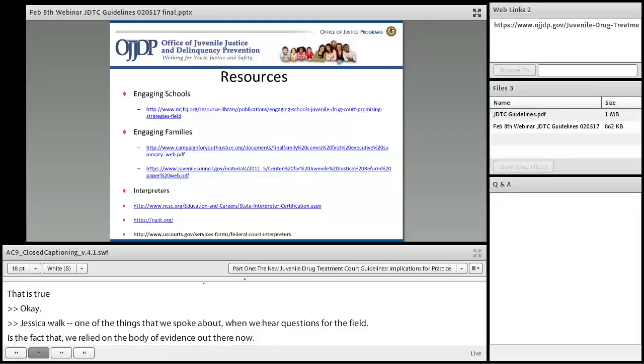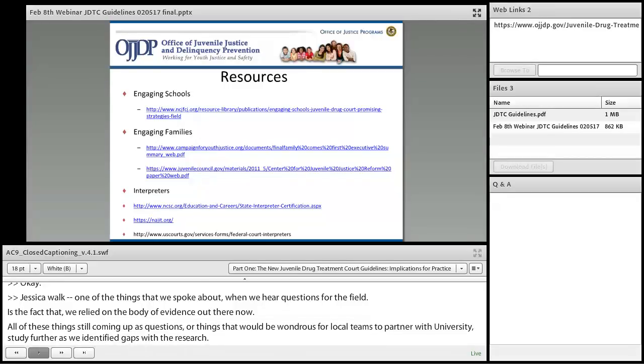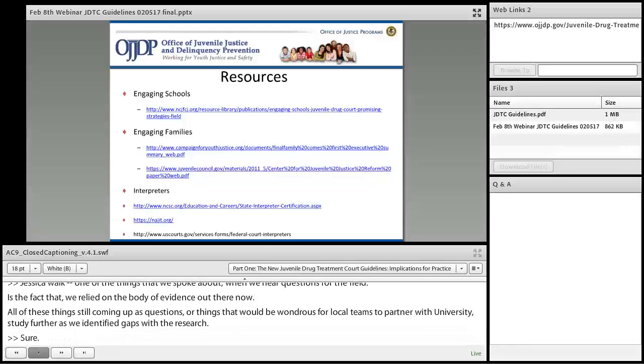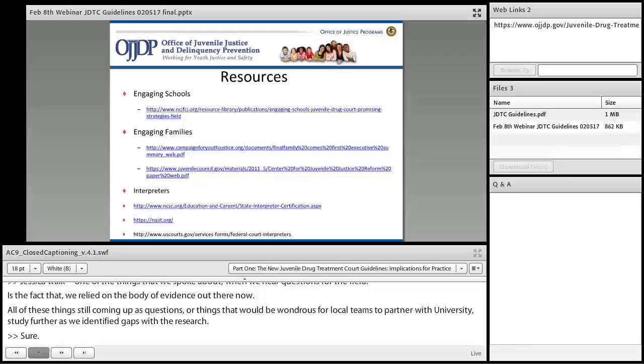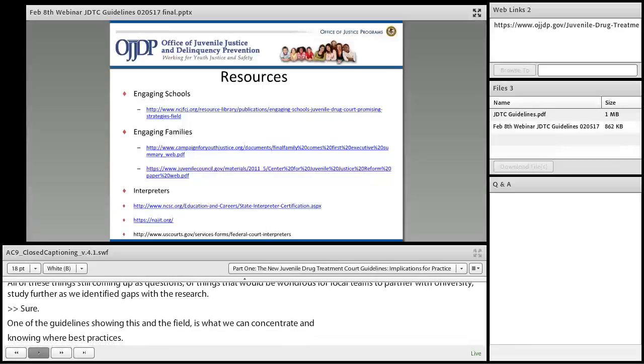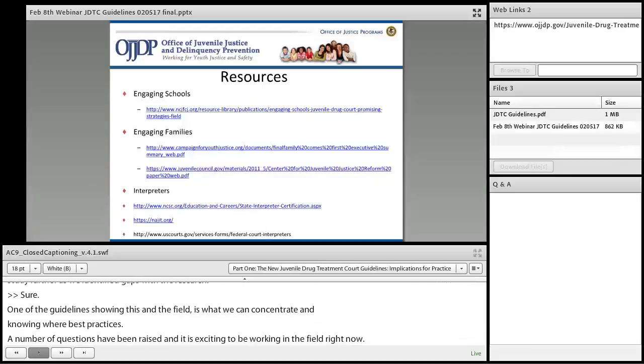Oh, sure. I think that's one of the things that the guidelines are showing the field: where we can concentrate our efforts in knowing where best practice is. But it has also raised a number of questions, and it's really exciting to be working in the field right now because there's such an opportunity to dig in, find out, be creative, and hopefully be part of something that's going to move practice forward.